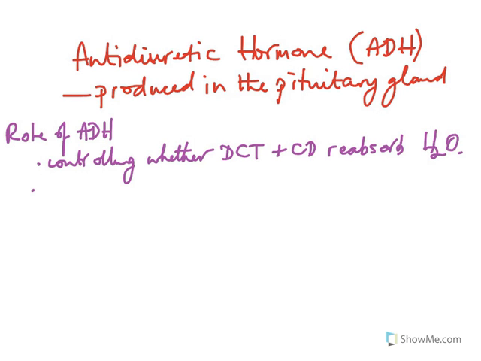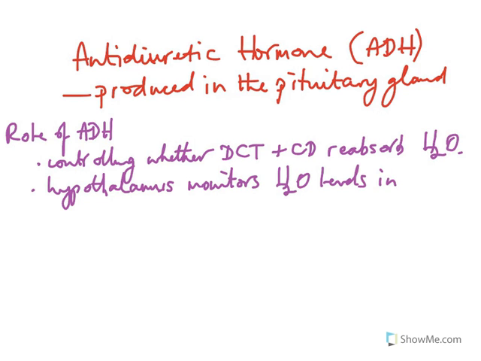So when is it produced? Well, receptors in the hypothalamus, this area in our brain, are constantly monitoring. One of its jobs is to monitor the H2O levels in the blood.